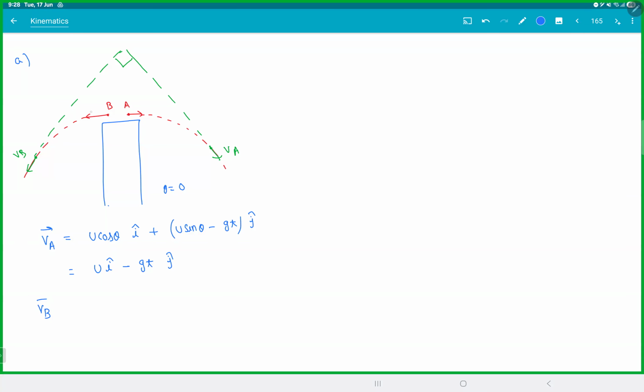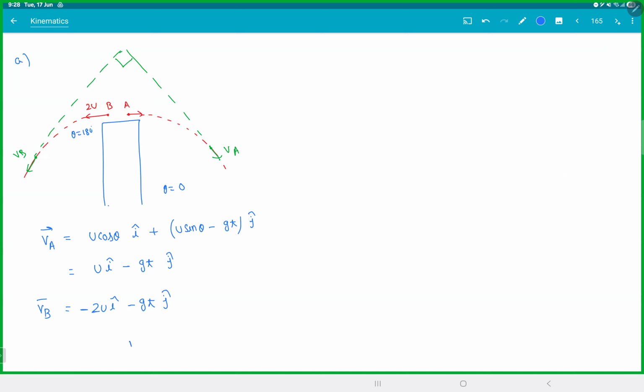For VB, be careful, you're projecting it backward, so I cap will be a minus 1. So VB will be minus U I cap, where theta is 180, minus GT J cap.